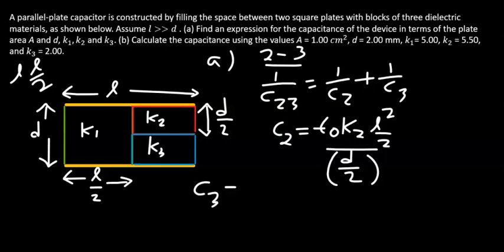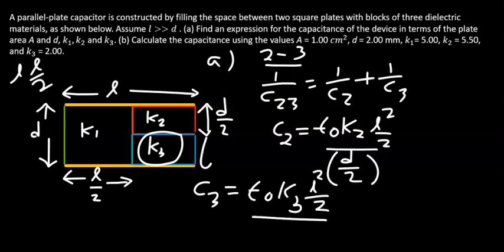Likewise, for C3, the capacitance for that part is epsilon naught K3 L squared over 2, because it has the same area coverage as K2, and to that we divide that distance, which is D over 2, for the plate separation.